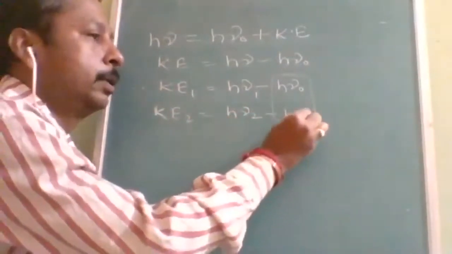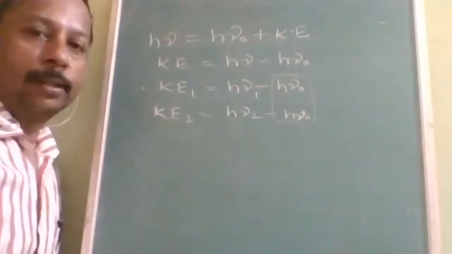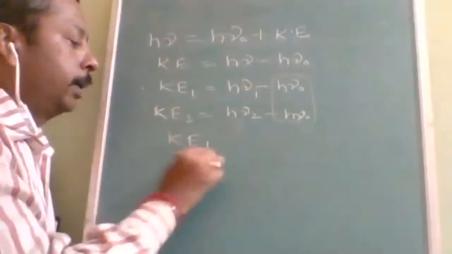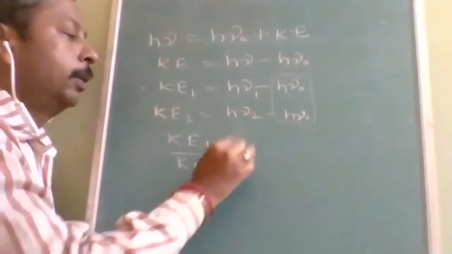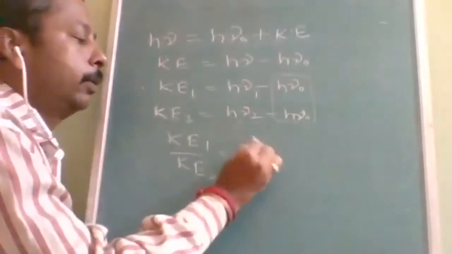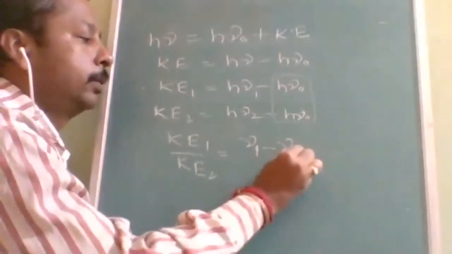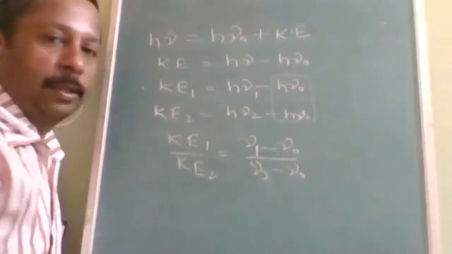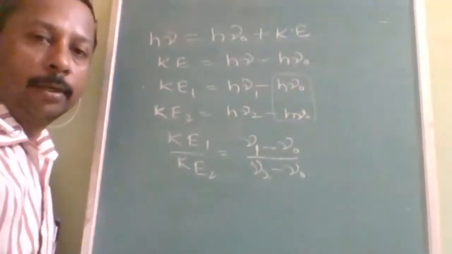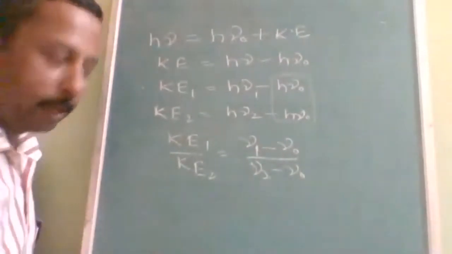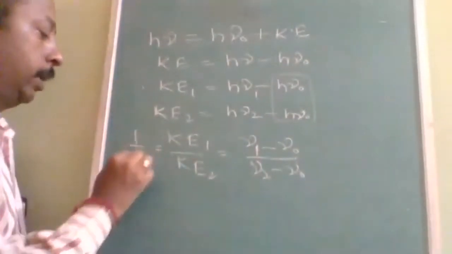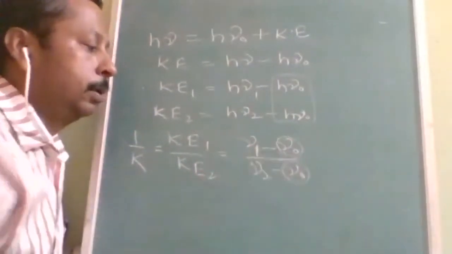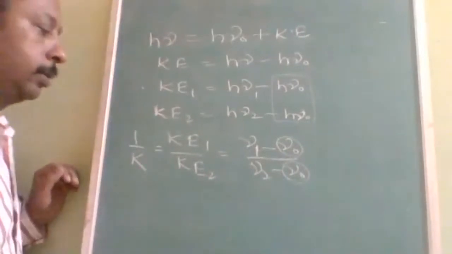Is it understood, students? Now the ratio is given, so we take Ke1 by Ke2. h I will take common and cancel it out, so we get nu1 minus nu naught over nu2 minus nu naught, and the ratio given is 1 by k. Our intention is to find nu naught, so I will cross multiply.